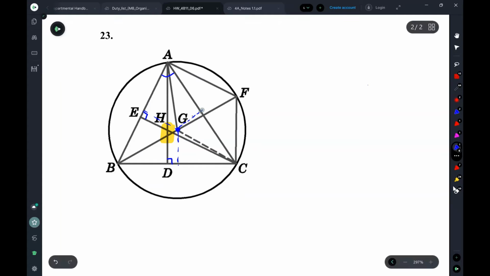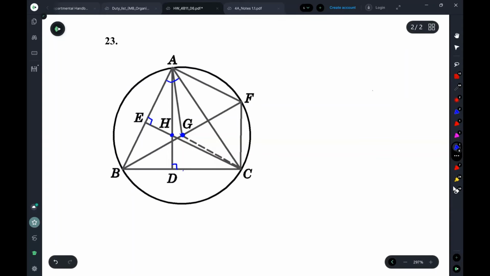So AHD is an altitude, and BGF is not. The intersection of 2 altitudes can only be here. So H is this point, not these 2. H should not lie on BF.